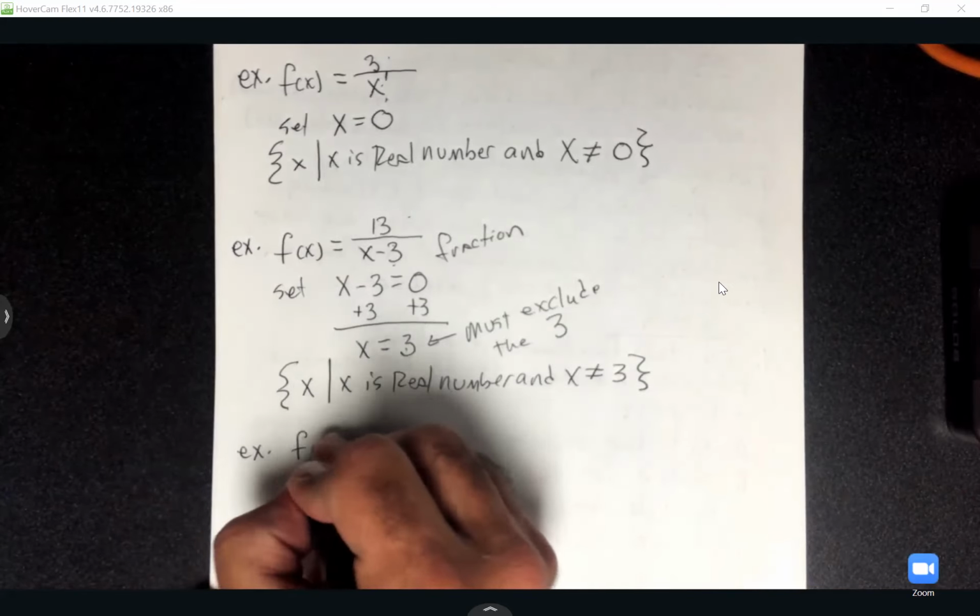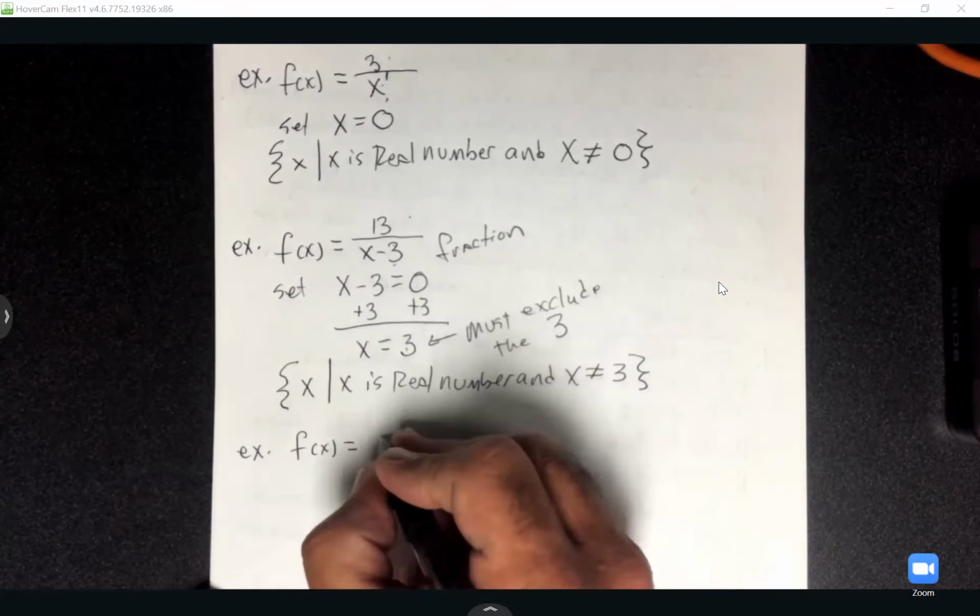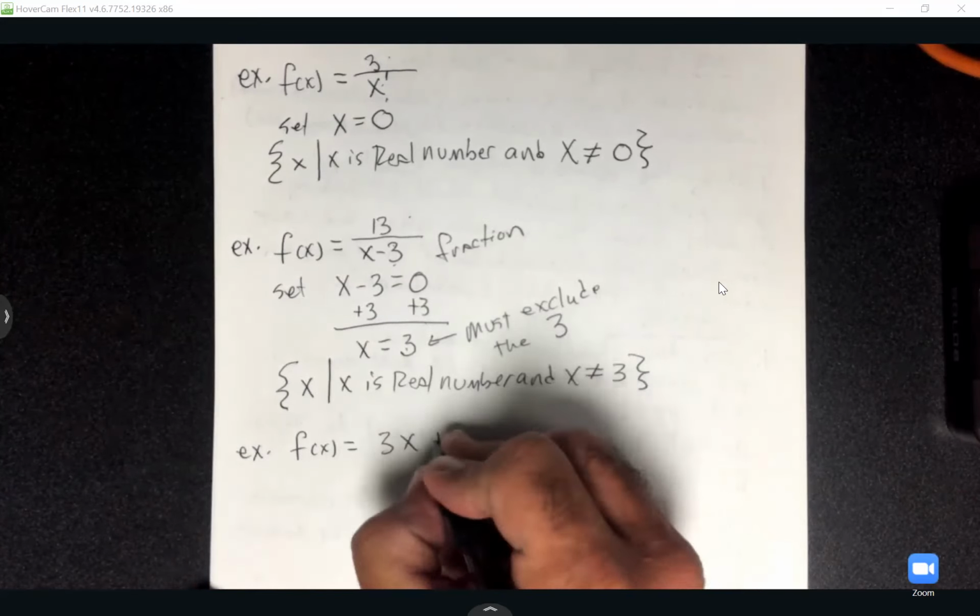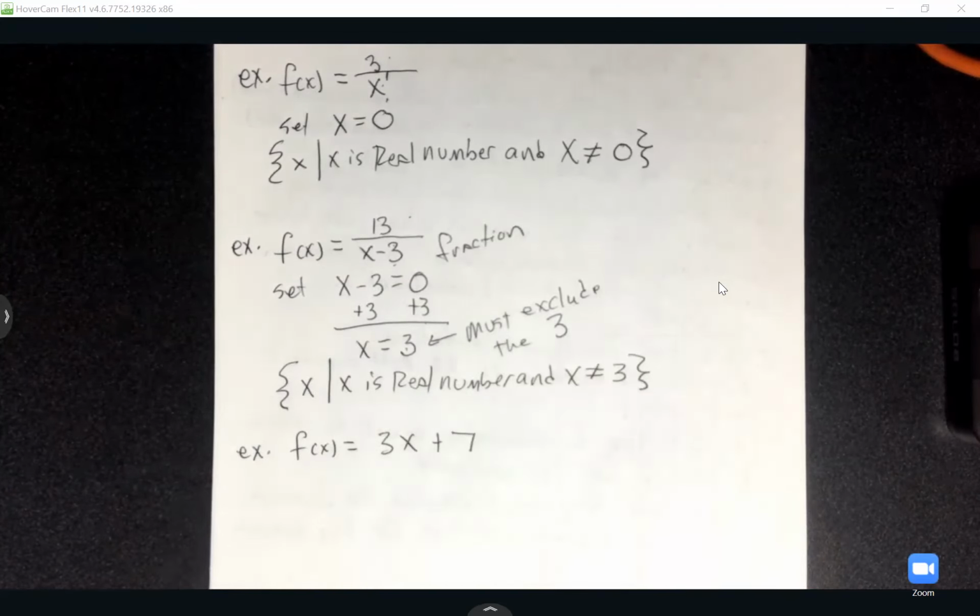All right, y'all. f of x equals 3x plus 7. So first thing, do we have a fraction? Good job.